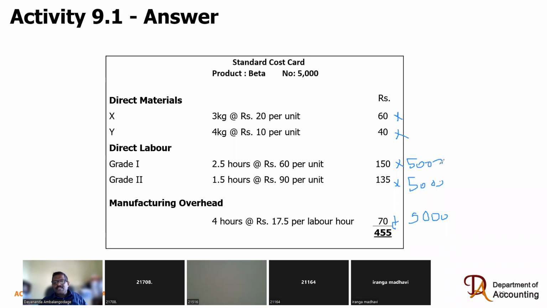No need of explaining it. I'm just putting this to help you understand this card. So this is the standard cost. So you can prepare a budget, right, for 5,000 units, and that will be your value.